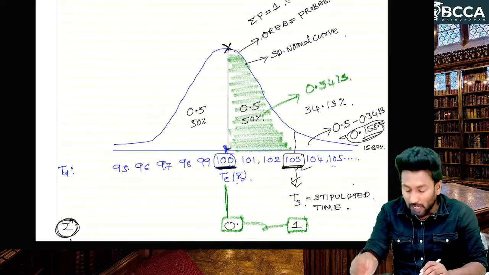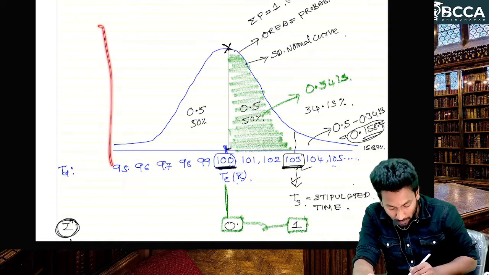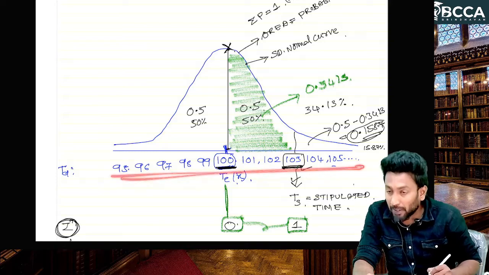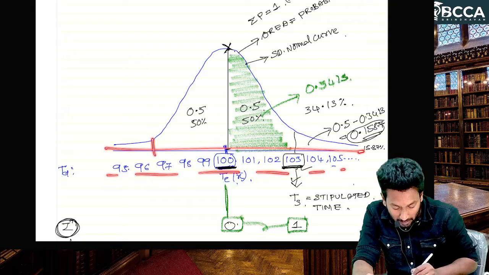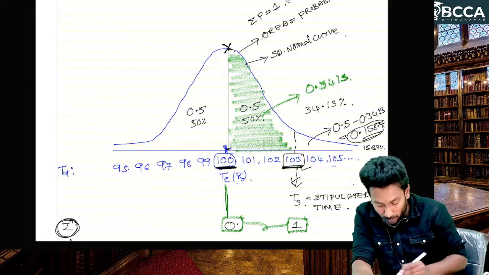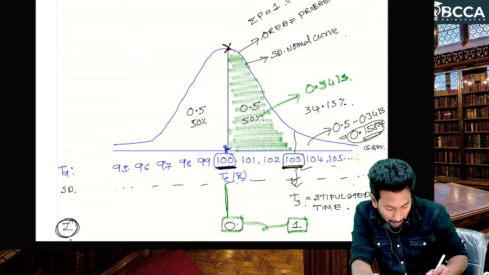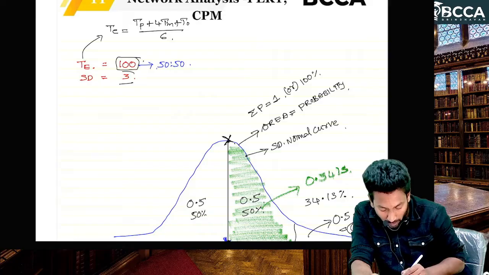This is the standard normal curve. On the x-axis, the horizontal axis, we take the time values. The standard deviation is constant; here we have standard deviation 3.